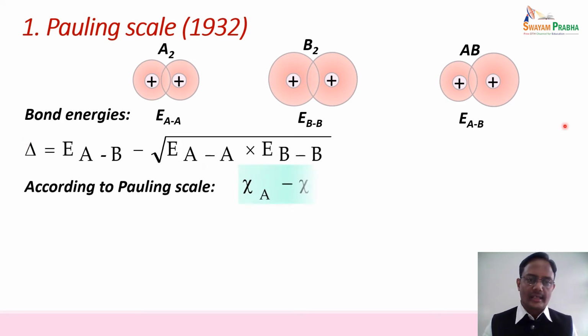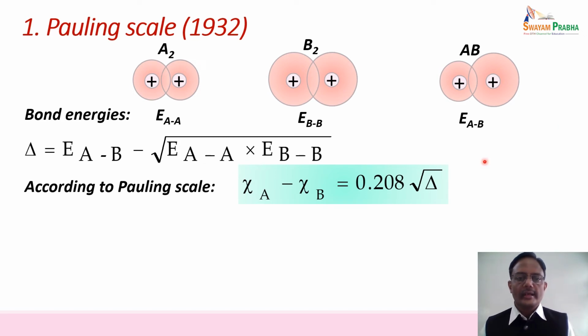According to the Pauling scale, the electronegativity difference between the two atoms, denoted by chi A minus chi B, is proportional to this delta value.